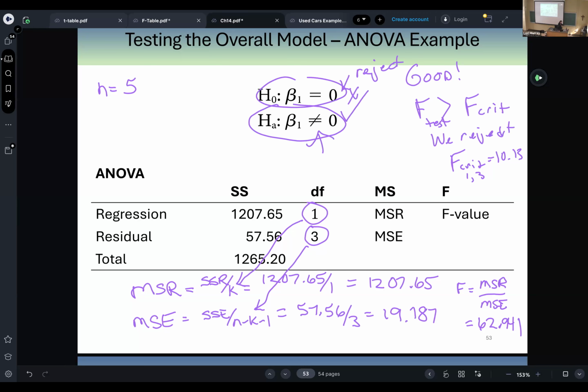It means that the coefficient is not equal to 0, right? Just imagine a slope equal to 0, we wouldn't want that model because that means there's no change, right? The slope means change over time. So if the slope is 0, we don't want the model. We reject that the coefficient is equal to 0. We accept that it is not equal to 0, and that's good.